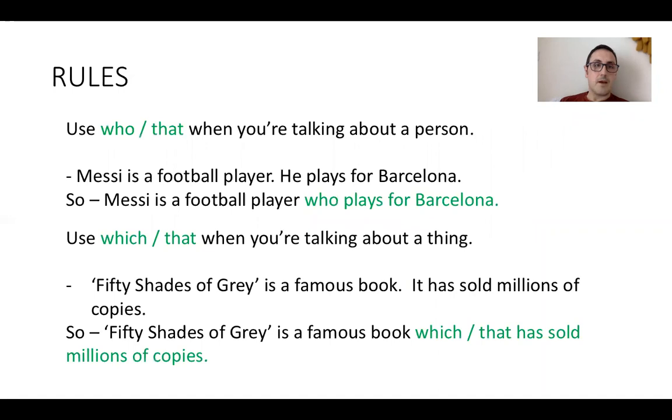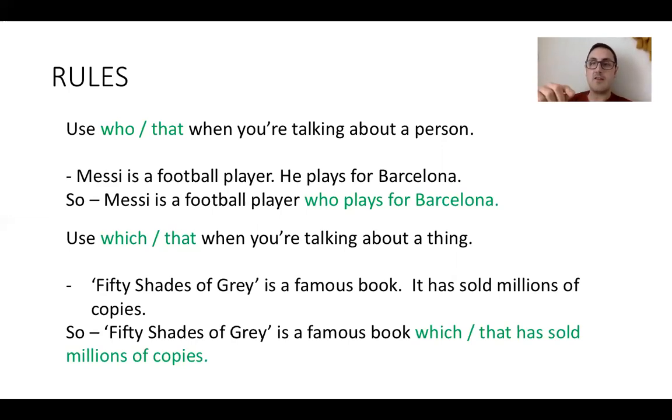So, you have this. The rules are that you use who and that when you're talking about a person. So, for example, Messi is a football player. He plays for Barcelona. Now, you can combine this into: Messi is a football player who plays for Barcelona.